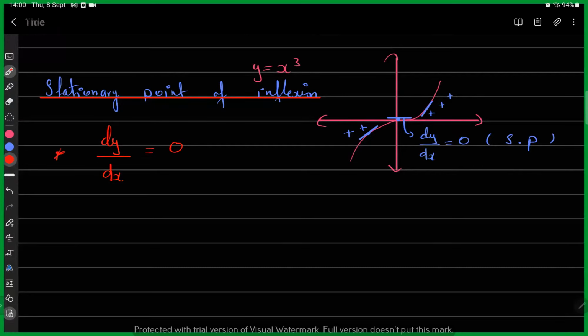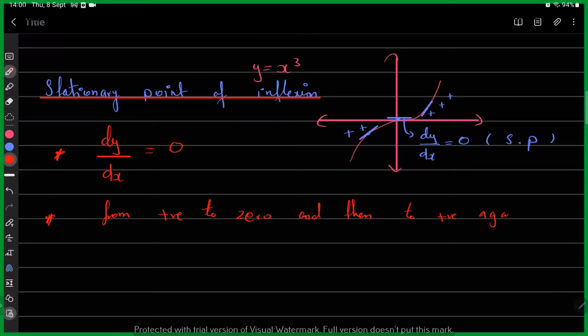So for that, you need to think about it this way. The gradient changes from positive to 0, and then to positive again.